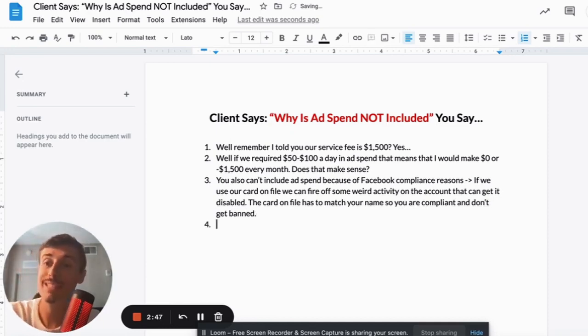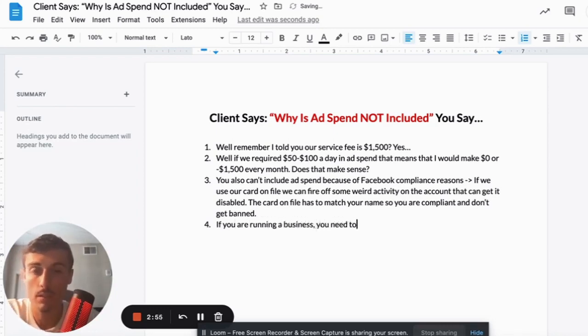Okay. Fourth thing is this. If you are running a business, you need to save more money on taxes, right? Yes. Well, ad spend in some areas is up to 70% tax deductible.